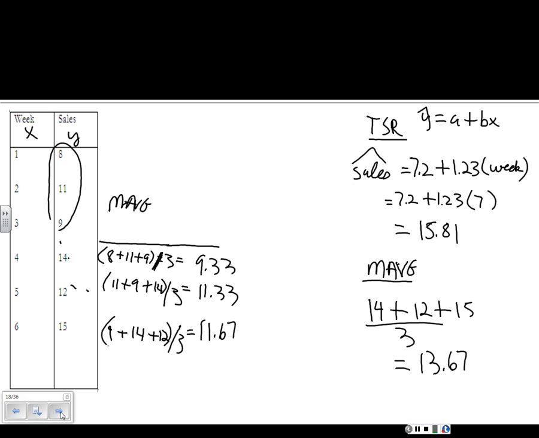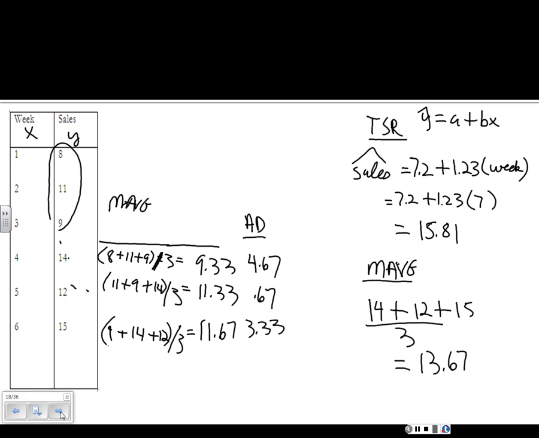And then what I'm going to do is see how much those would have been off had I been using them in the past. So in week 4, I'd predict 9.33, but I actually got 14. So I'm off by 4.67. And that's just 14 minus 9.33. Make sure you don't have any negative numbers here. Just take the absolute value. And then in the next week, off by 0.67, and in week 6, off by 3.33.